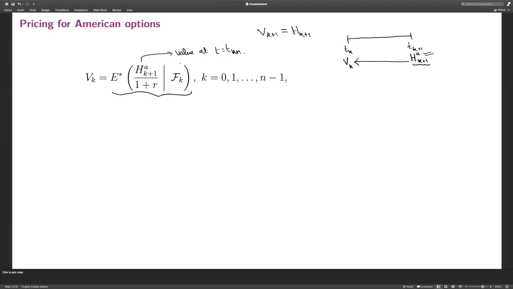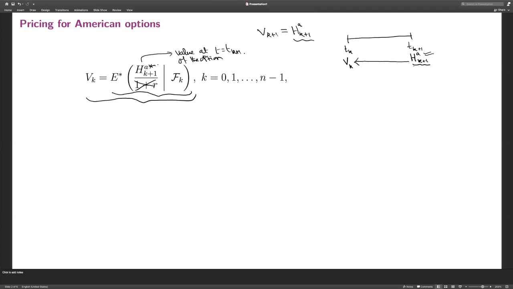This is the value of the option at T_{k+1}. Here we just use an extra notation A in order to mention that it is an American option. Otherwise, we know how to obtain this expression. We also know how this expression is given. So generally we put a star here and we don't mention this. Both are the same notations.